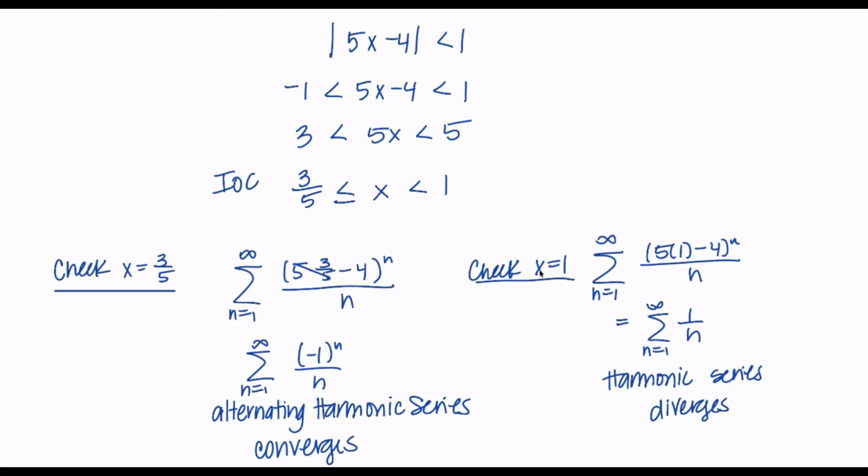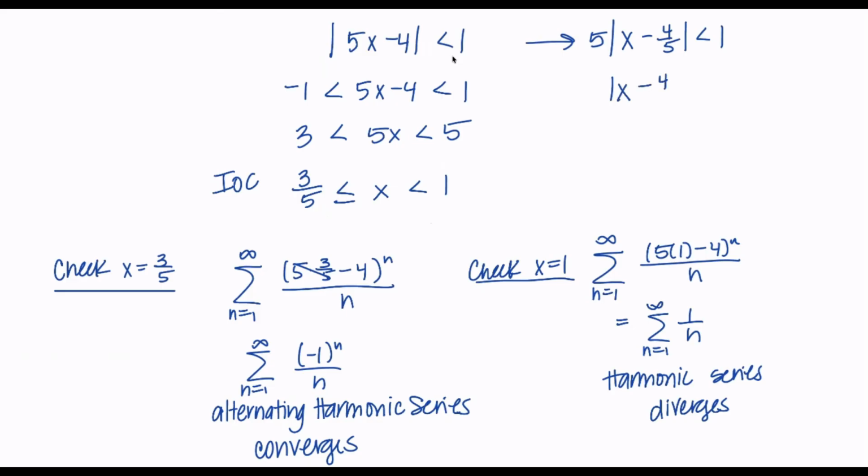Now, we were not asked for the radius of convergence. If we wanted to find the radius of convergence, I would suggest going back to this step here. Absolute value of 5x minus 4 is less than 1, and factoring out the 5. So if we were trying to find the radius of convergence, I would take the 5 out of there. I'd get x minus 4/5 in absolute value bars is less than 1. And then I would divide by the 5.